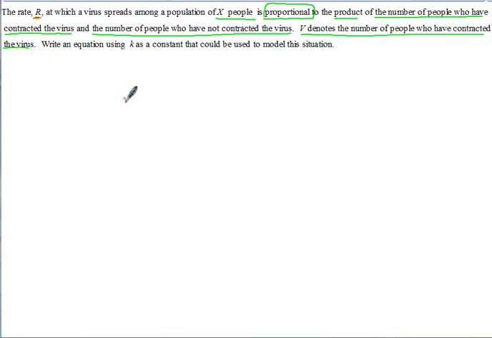So before we do this, let's define it. We're going to need to know the number of people who have contracted the virus and the number of people who have not contracted the virus. So remember, X is the total number of people. And you guys know that means number, right?